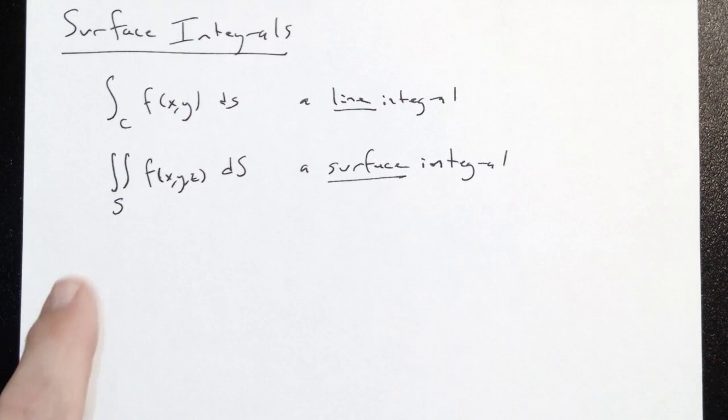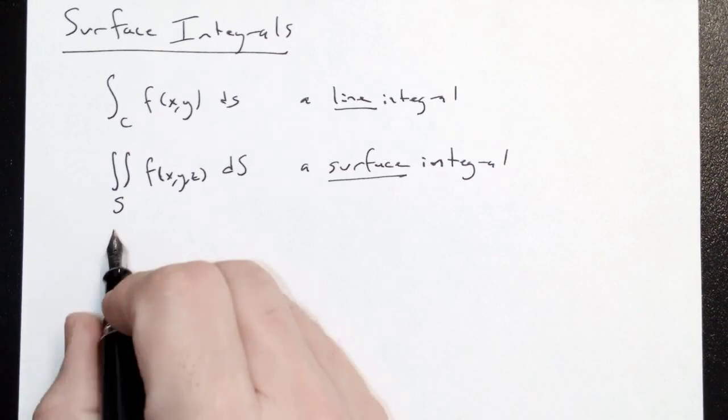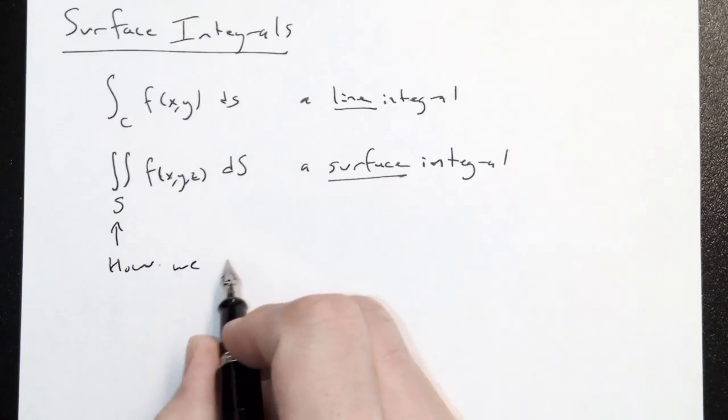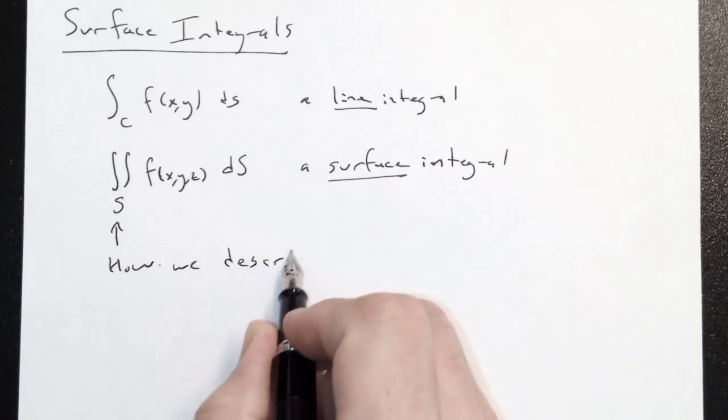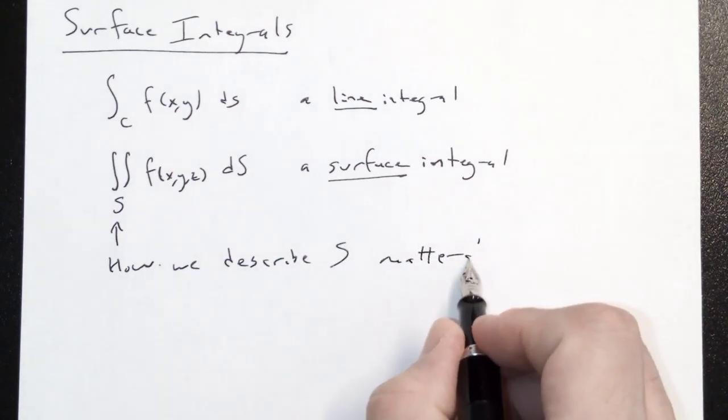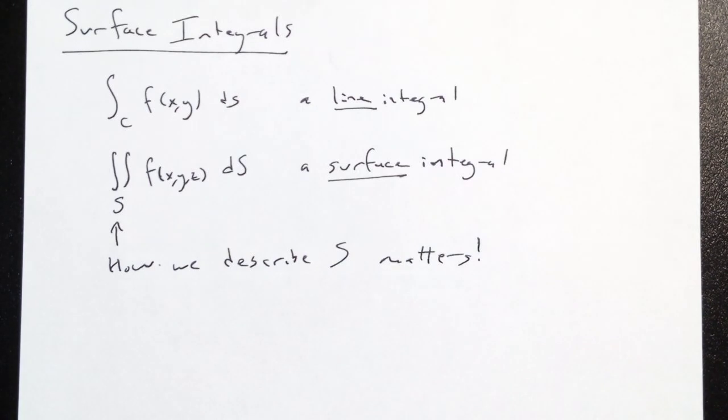The problem is the way we describe this surface S. Because I'm either going to do this integral where my surface is some function, or I'm going to do this where my surface is parametric.